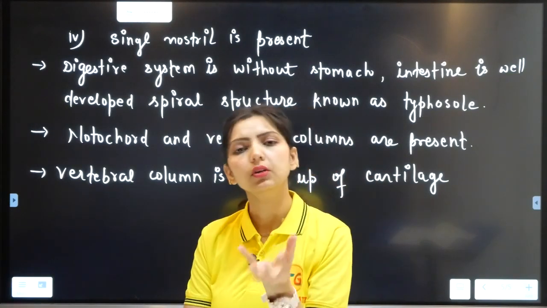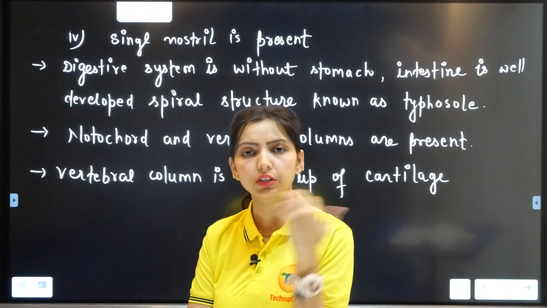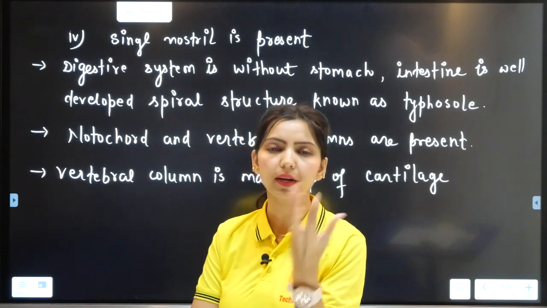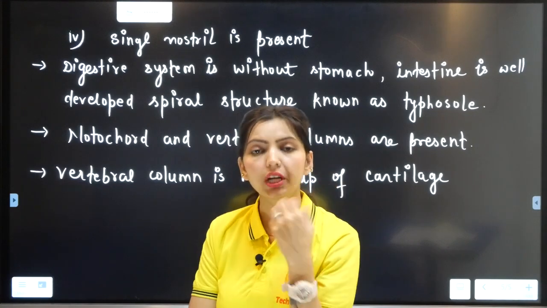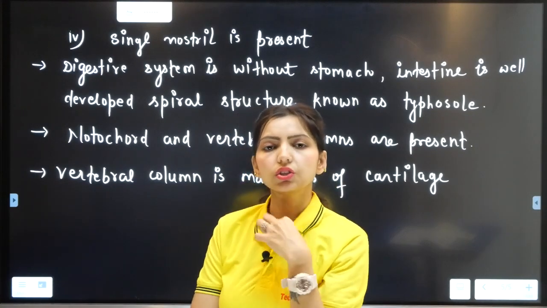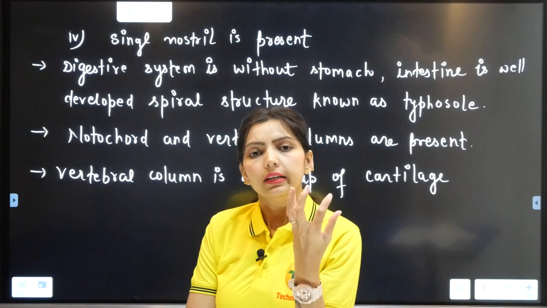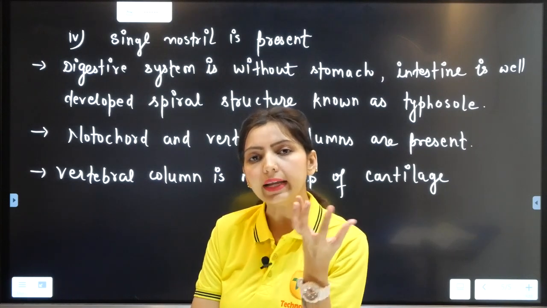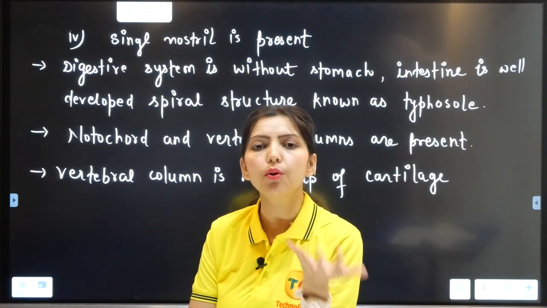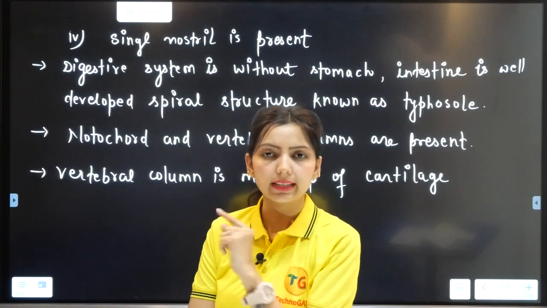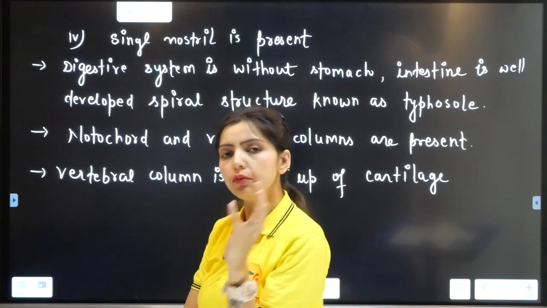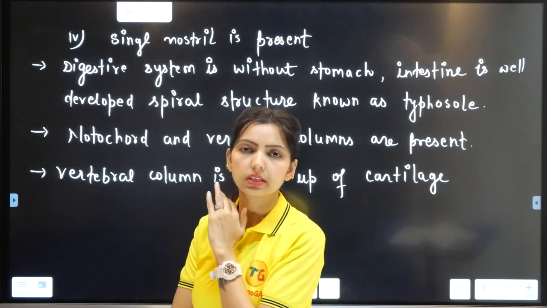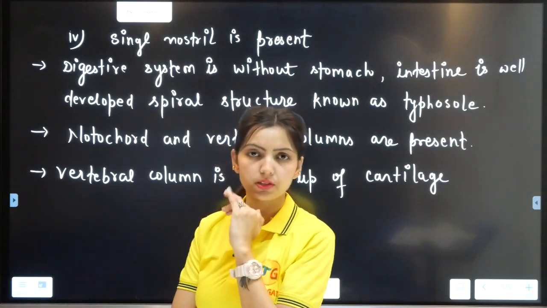vertebral column will be vertebral column only. It will be performing the same function just like in our body, protecting the spinal cord, nerve cord, providing the framework to our body, shape to our body. But its structure, its basic anatomy, meaning what it is made up of, was different. In cyclostomata, it was made up of cartilage, not bones. Okay, so evolution was happening continuously, and it is happening at this moment of time as well.